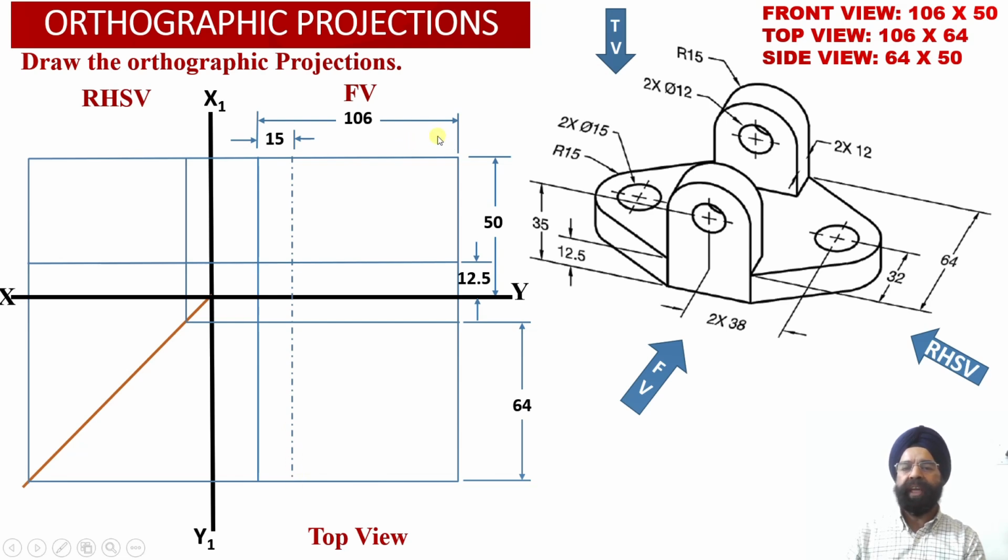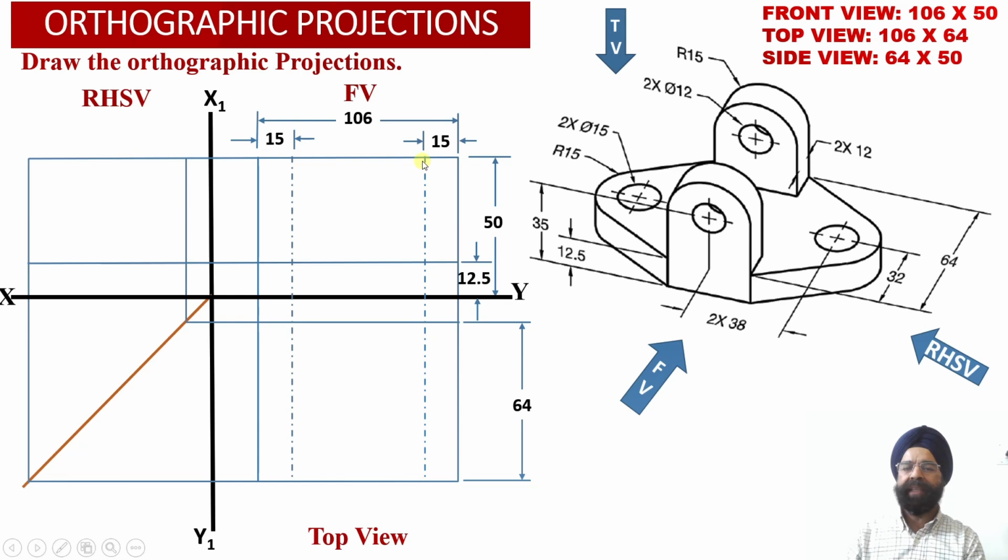Similarly, onto the right hand side, once again we can observe this radius of the circular portion happens to be equal to 15 millimeter. So at a distance of 15 millimeter from the right hand side face, we have marked this center line corresponding to this circular arc which we need to obtain into this right hand side portion of the horizontal web over here.